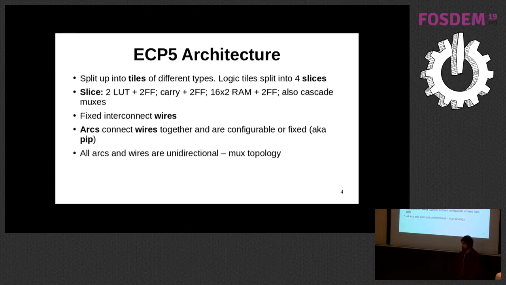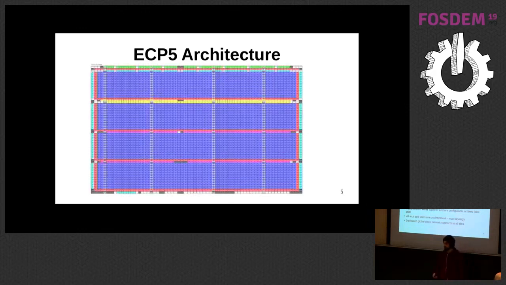If you look at how the connections work, all the programmable connections are basically just multiplexers between wires. And finally, you have a dedicated global clock network, so the clocks of all the registers have special wiring going to them, because your clock needs to go to almost every point in the device. You don't want to be using general routing for that.